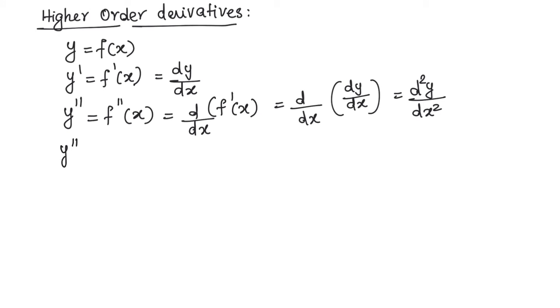Similarly, we can denote the third derivative like this using 3 bars or d cube y over dx cube. If it is the fourth, fifth or sixth derivative, like higher order derivatives, we cannot keep on inserting this line like this, right?